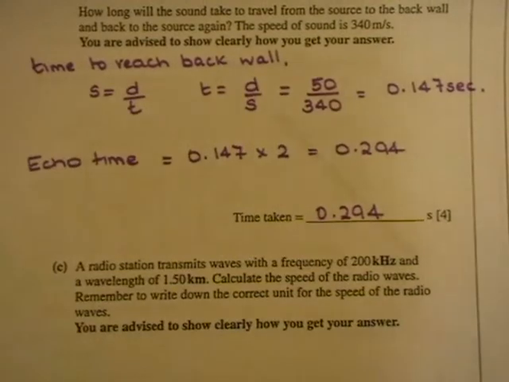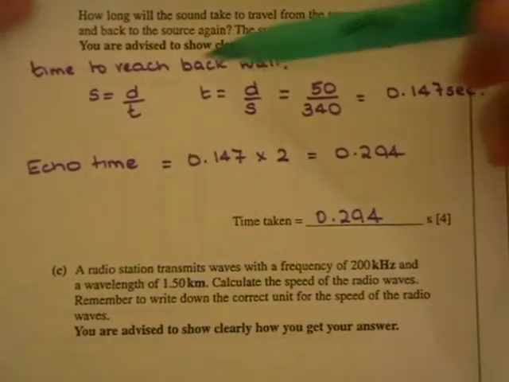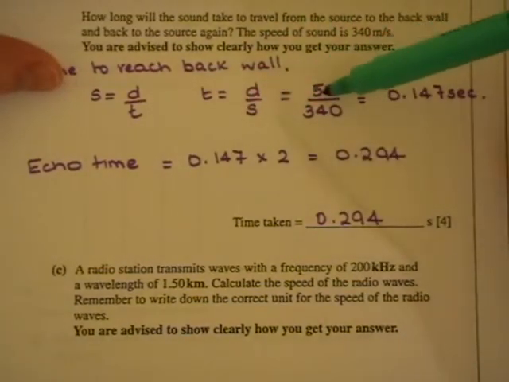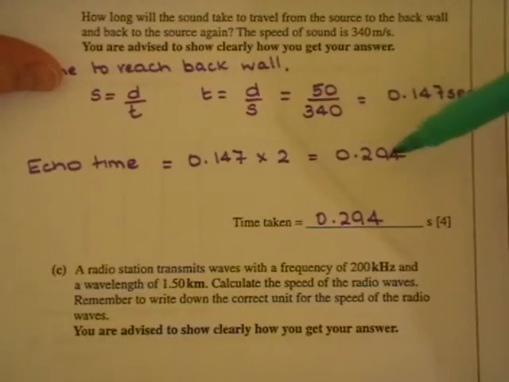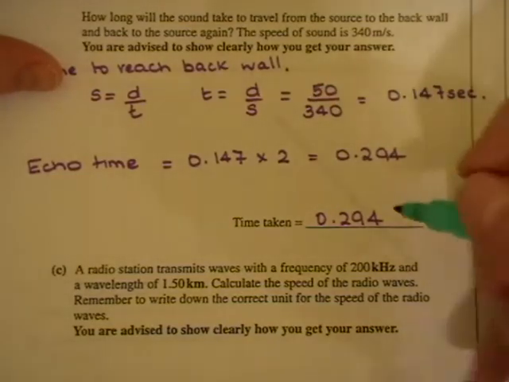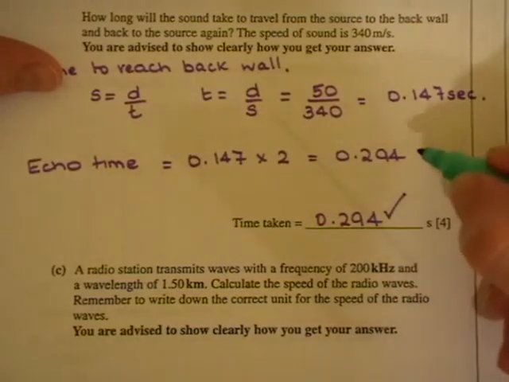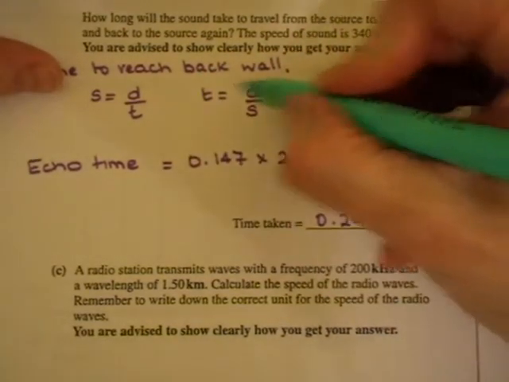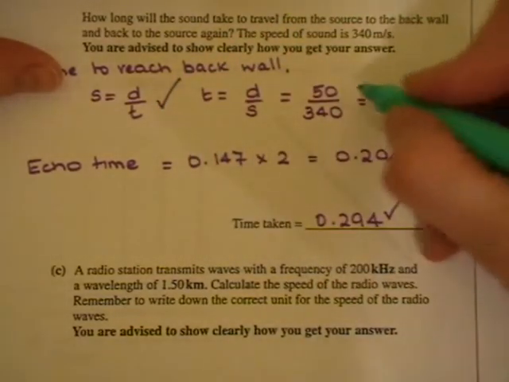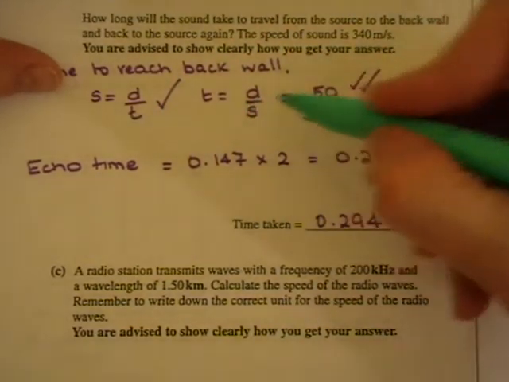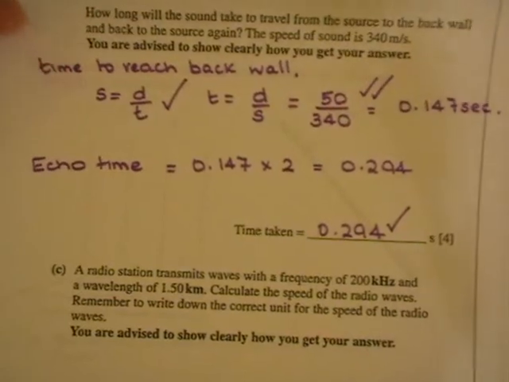You could alternatively, of course, do this just by calculating echo time using double the distance, and you would get the 0.294 directly. So to get your marks there, you're getting 1 mark for speed equals distance over time, and 2 for the rearrangement and putting the numbers in.